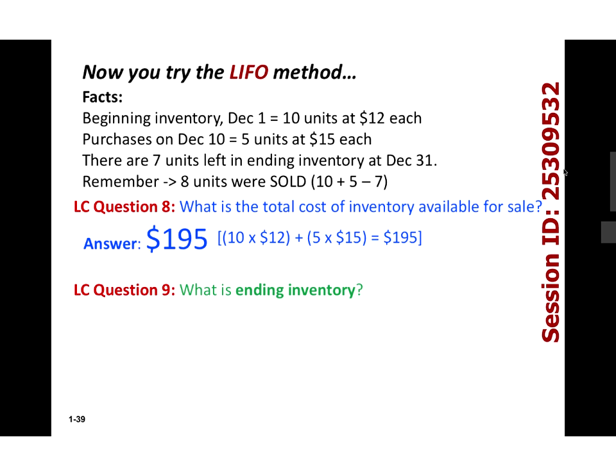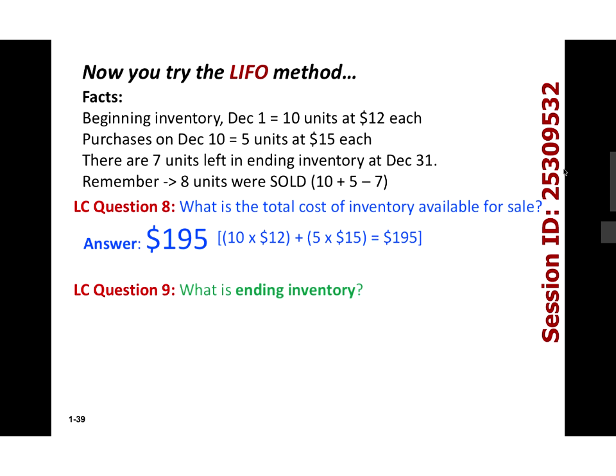Our oldest stuff in ending inventory is the beginning inventory. So beginning inventory, we've got 10 units in beginning inventory. We're looking at our ending inventory, there's 7 left. So what we're going to do here is take the 7 units in ending inventory times the cost, because we took them from beginning inventory is the assumption here.